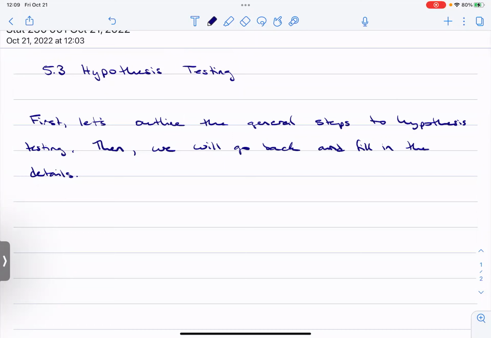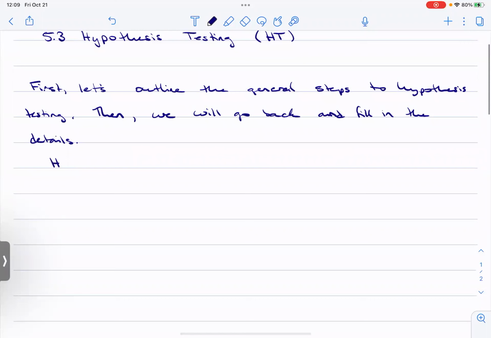Hypothesis testing, I usually abbreviate HT because it's so long to write, so let's get used to that. And hypothesis testing will always follow, I make it 4 steps. You can break it down into however many steps you want, but I think 4 is a nice number that can nudge us along.